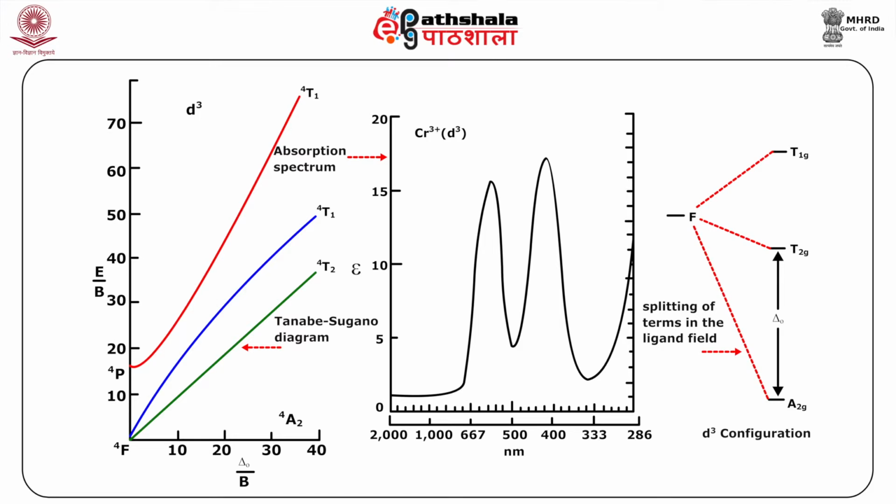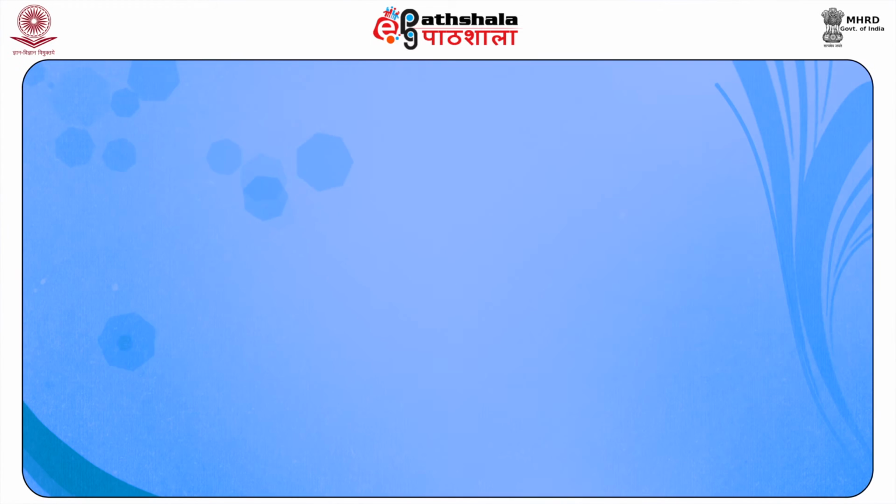The Tanabe Sugano diagram for this configuration can be represented in the figure. Examples of this electronic configuration include the chromium 3 plus complex having the aqua ligand in the octahedral geometry. Figure 6 shows the Tanabe Sugano diagram and the absorption spectrum for the d3 configuration.